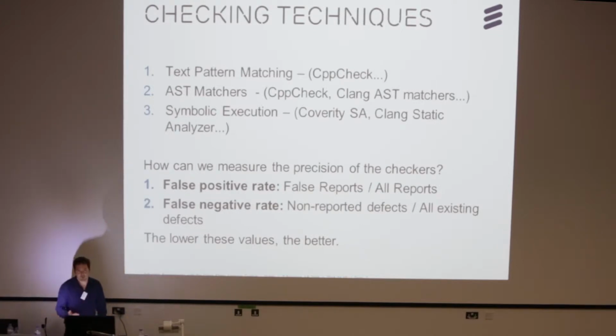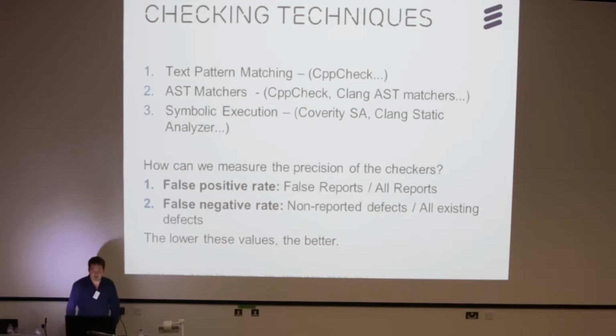If you have many false positives for a checker, so if it shows you a problem which is not a problem in real, then it's very time consuming for a developer to cherry pick the real hits, so it's not really useful. However, the other measure would be the false negative rate, which is the non-reported defects out of all existing defects, divided by all existing defects.